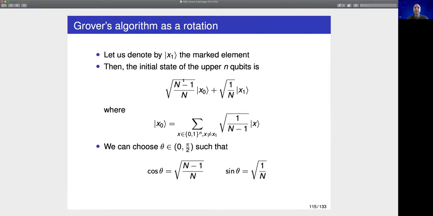So this means that I can write these square roots as the cosine and sine of an angle that is between 0 and pi over 2. Because, of course, these values are between 0 and 1. Okay? So let's define theta to be the angle such that the cosine of theta is this square root and the sine of theta is this other square root here.